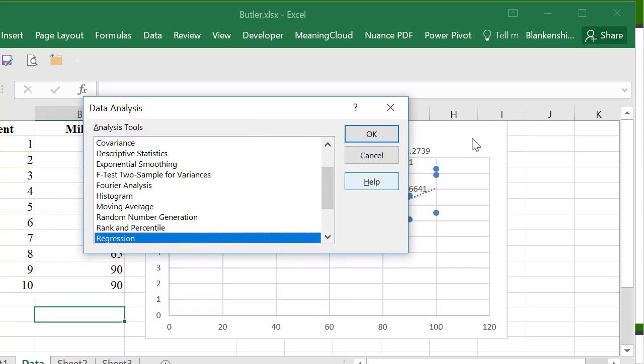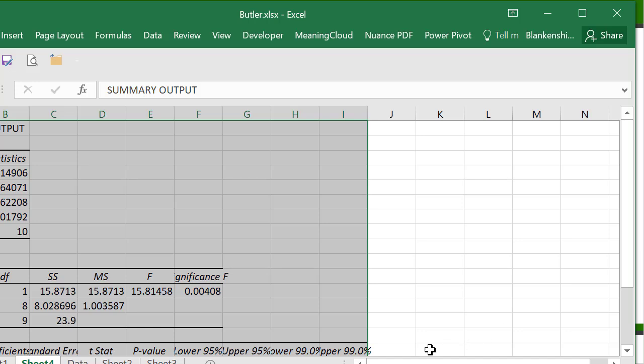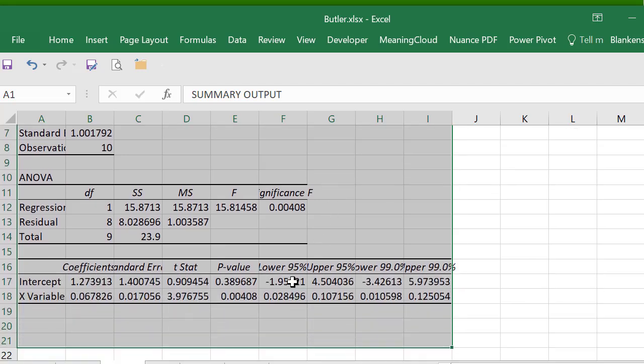We'll select regression, and then we can select what we'd like to look at. And I did the confidence level of 99% because that's what your book had earlier. And it'll generate a page similar to this one. And here are your residuals.